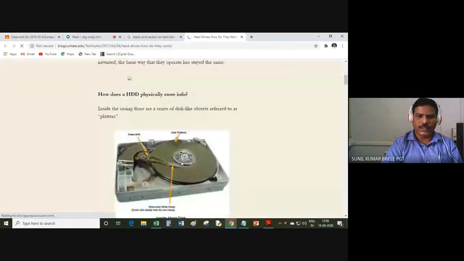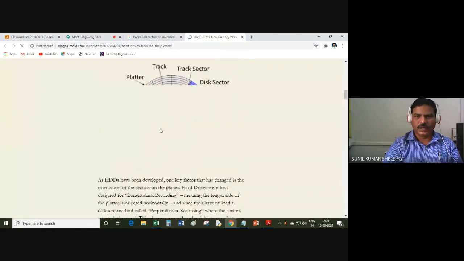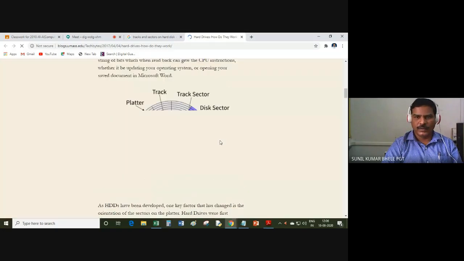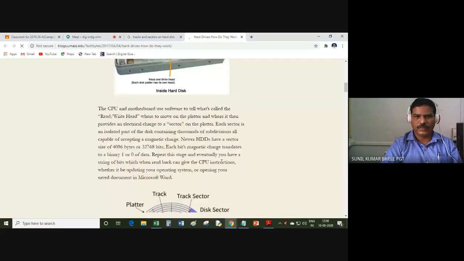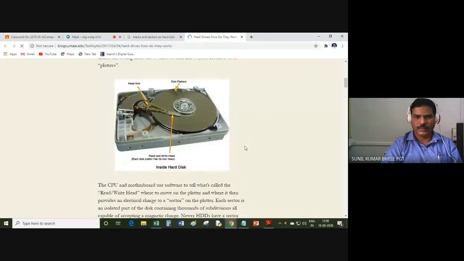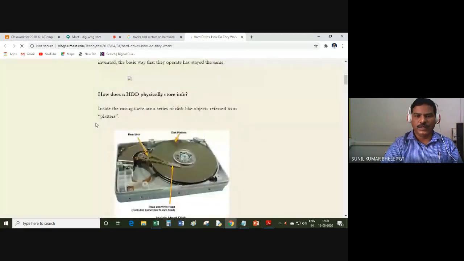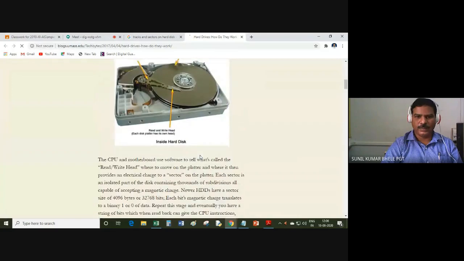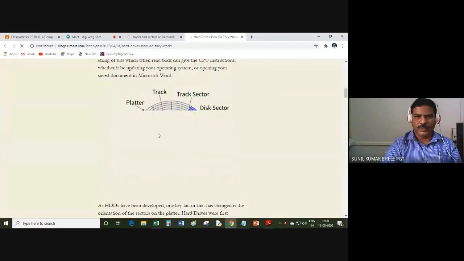Those concentric circles are called tracks. So it is loading the picture. This is the inside view of the hard disk. Picture is loading.